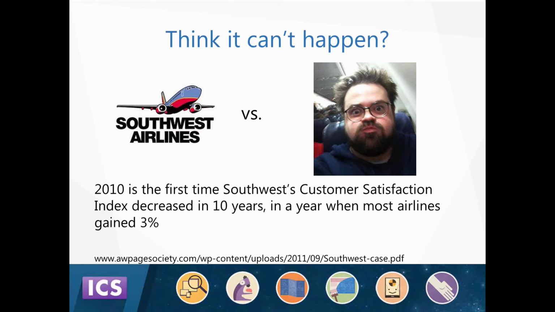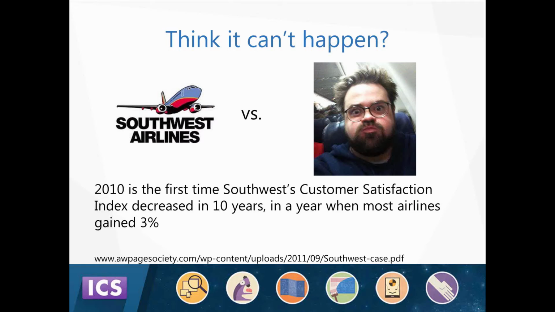This was live tweeted. So his followers, of which he has tens of thousands, were all following this on there. And there was the expected social media firestorm as a result. Anything happen as a result of that? Well, Southwest, who particularly had been doing extremely well for a long time on customer satisfaction, their CSI sank.